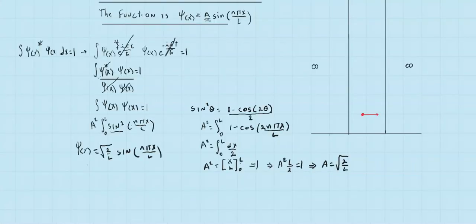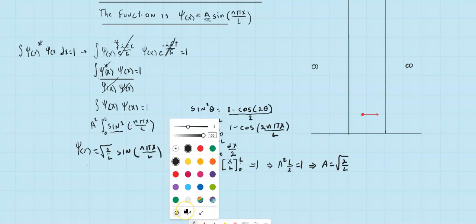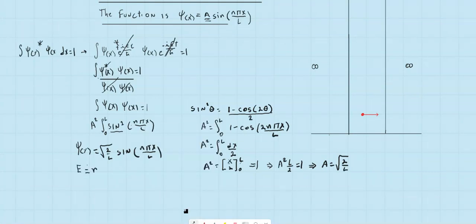And my eigenvalue is going to be E equals n squared pi squared h bar squared over 2 m L squared. So I have my eigenfunction, I found the value for my a, and I have my eigenvalues.